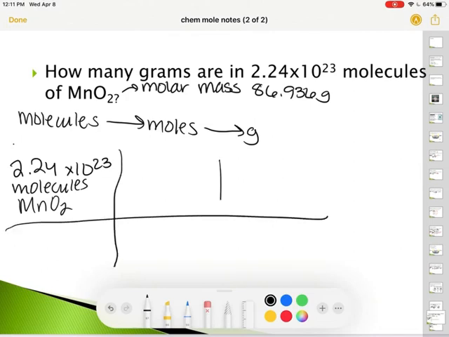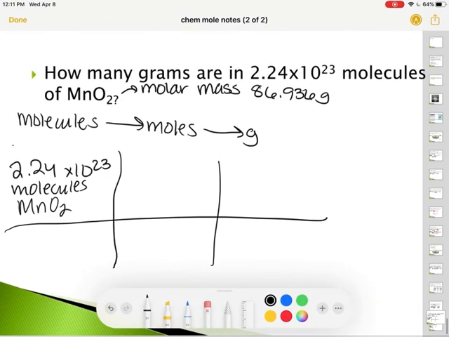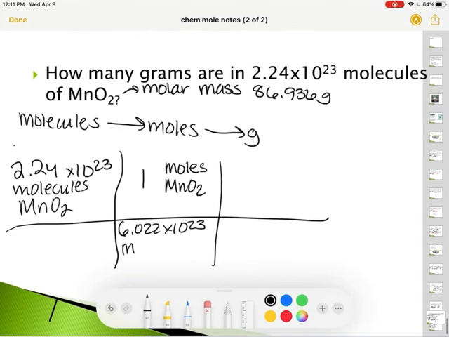Now we have to get rid of molecules and get moles. So molecules needs to go in the bottom and moles goes up here. 1 mole of MnO2, and there are 6.022 times 10 to the 23 molecules of MnO2. So now my unit, molecules, is gone, okay? Now I'm getting rid of moles.